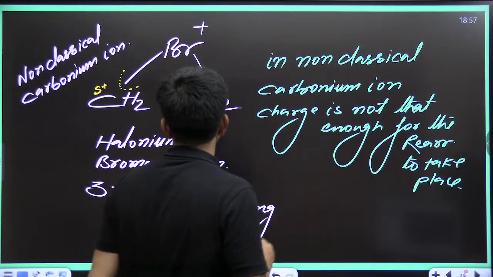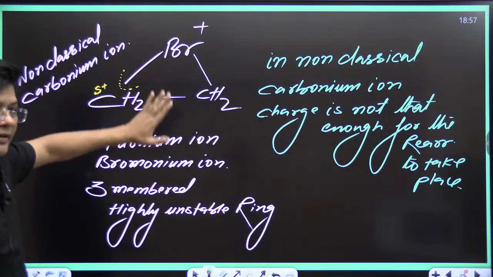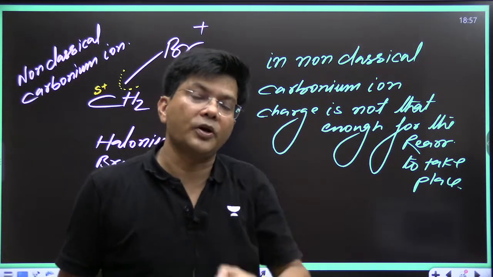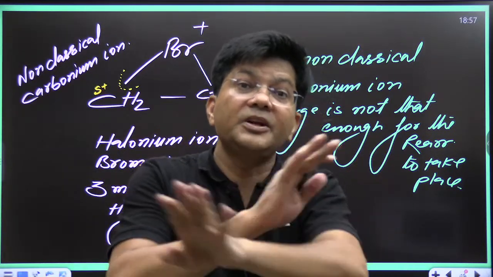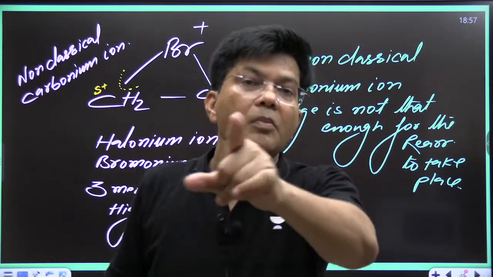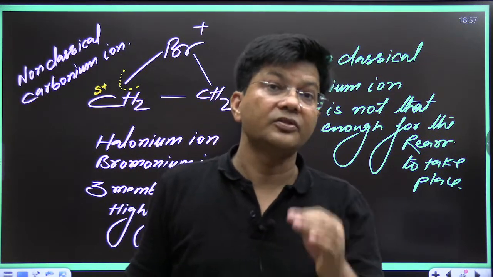So my dear students, rearrangement will never take place. And let me tell you one more important point. When the rearrangement is not going to take place, Markovnikov's rule is always valid.